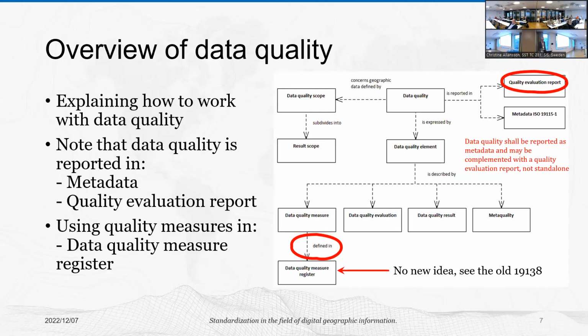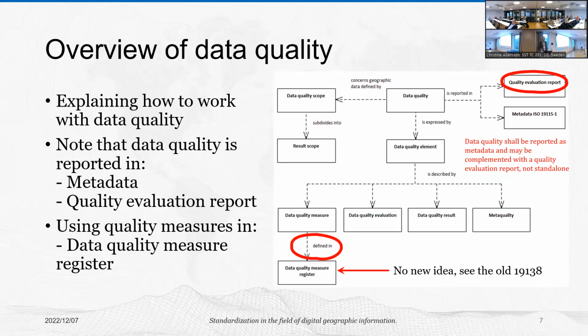As an overview of data quality, in that clause we describe how you can work with data quality. Note that quality is reported in metadata and can be supported by a quality evaluation report.